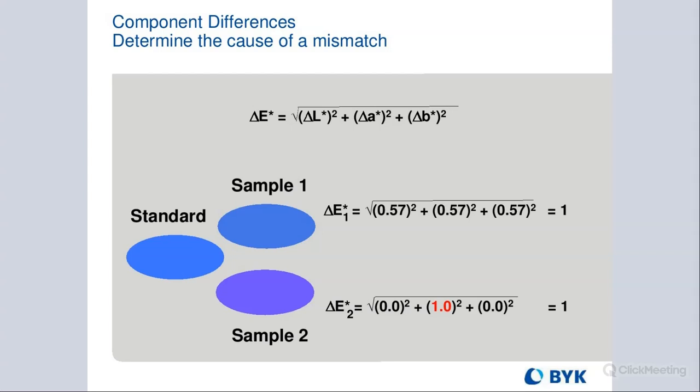So this is one of the shortcomings with using the delta E star equation, because it's not necessarily weighted as it could be. Our eyes aren't perfect instruments. Our eyes see differently between one another, and the simple equation isn't able to accurately depict exactly the right tolerancing for our eyes.